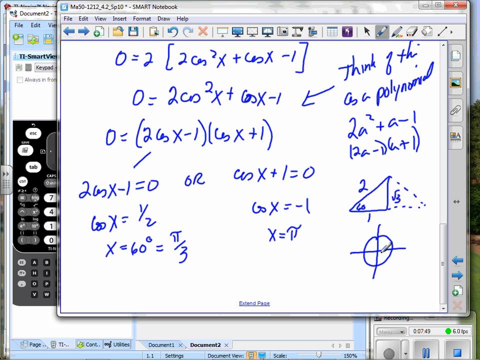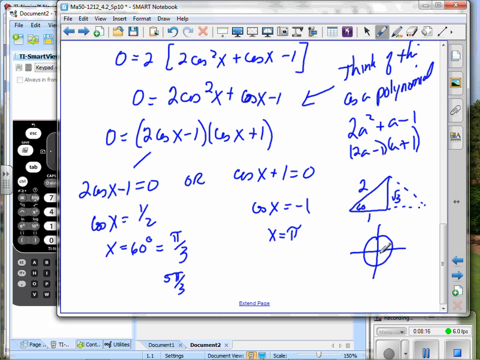If the terminal side is down here, let's see, 360 minus 60 degrees, what would be the radian measure? 2 pi minus pi divided by 3. What do we have there? 5 pi divided by 3. Okay. So this could also be 5 pi divided by 3.